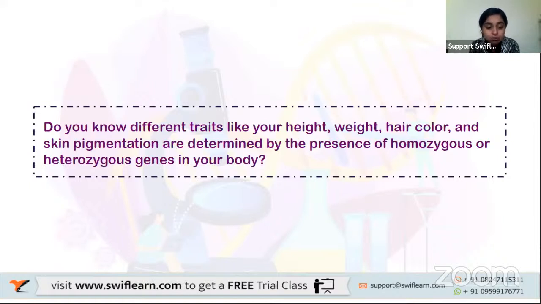If I talk about heterozygous, it refers to having inherited different forms of a particular gene from each parent. A heterozygous genotype stands in contrast to a homozygous genotype, where an individual inherits identical forms of a particular gene from each parent.